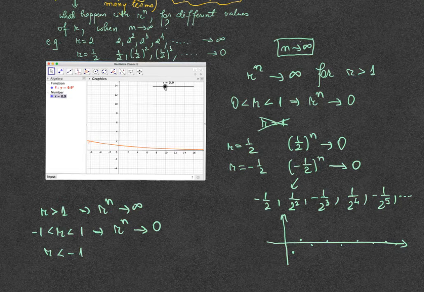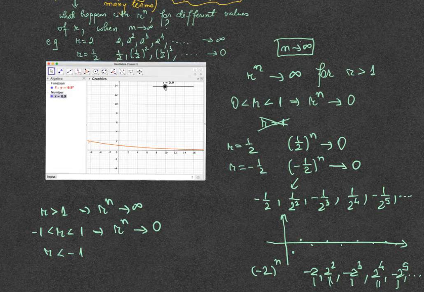Like, for example, negative 2 to the power of n is going to be negative 2, 2 squared, negative 2 cubed, plus 2 to the power of 4, negative 2 to the power of 5, and so on. So it will approach either plus infinity or minus infinity. It depends if the terms are odd or even. So this sequence also is divergent.